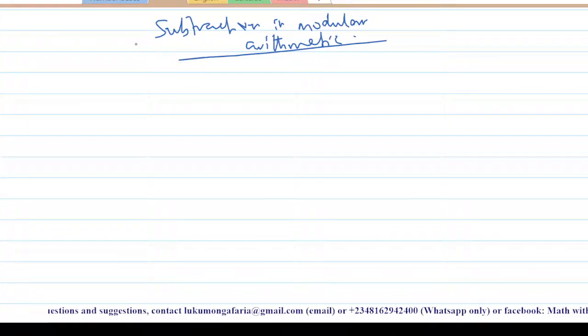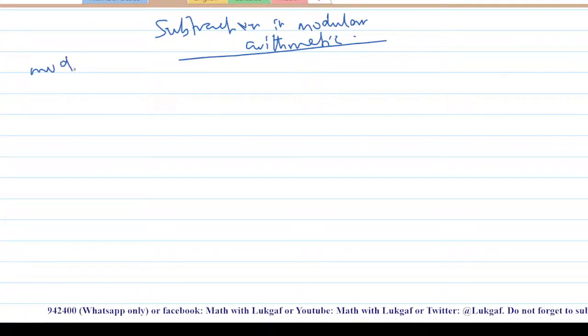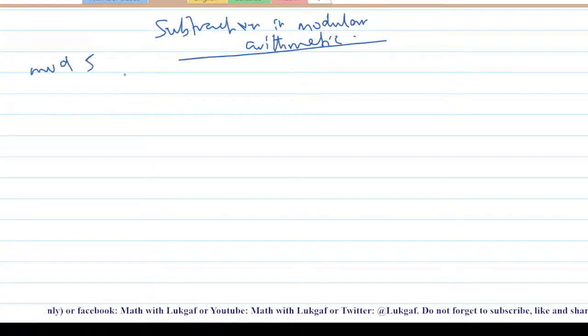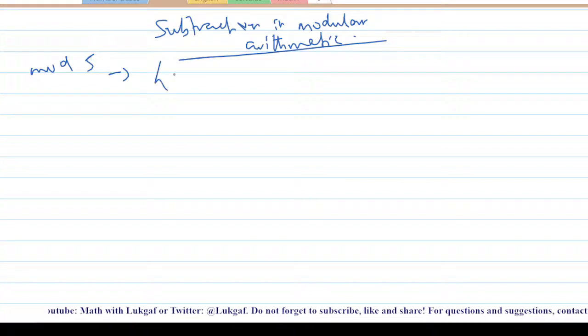That is, you must not have a number that is the modulo or numbers that are greater than the modulo. For example, if I'm working mod 5, then what I must have as the result of my addition are numbers between 0 and 4.